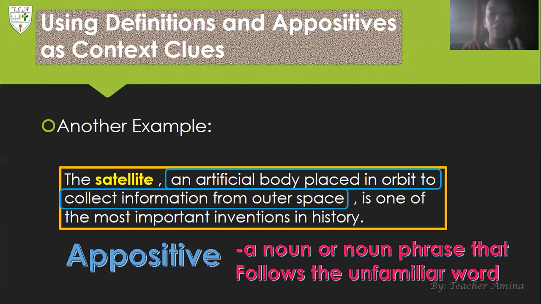It gives you a clue by setting off a comma after the unfamiliar word and then after the meaning of the unfamiliar word. So here we have the two commas. In between those two commas is the meaning of the unfamiliar word, as you can see.